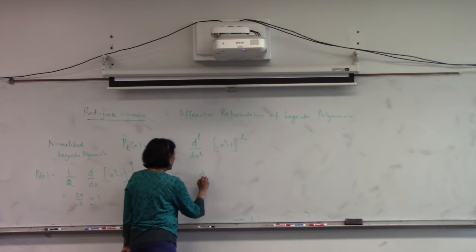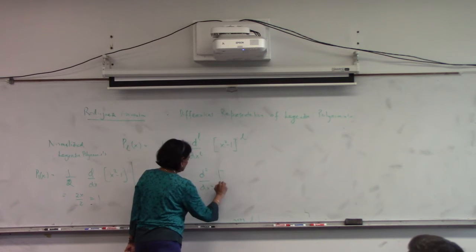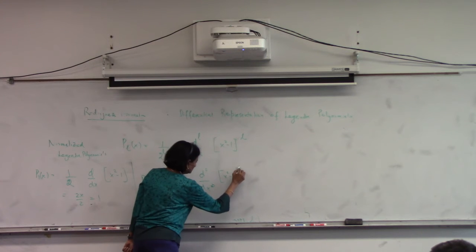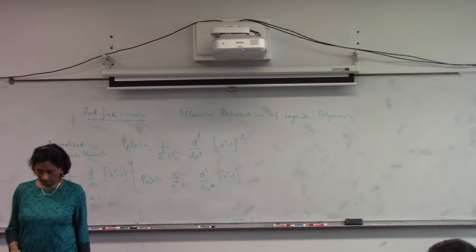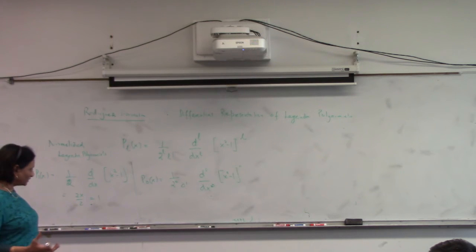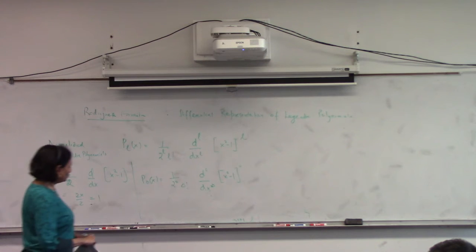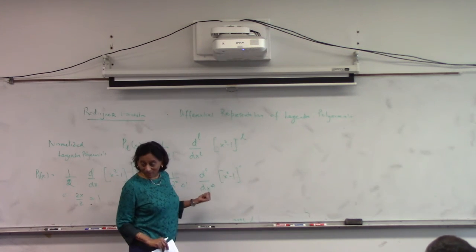What does this mean? Don't take the derivative of (x squared minus 1) to the power of 0. Anything to the power of 0 is 1, so it is 1, okay? So don't take the derivative, because if you did, your constant would give 0, right?